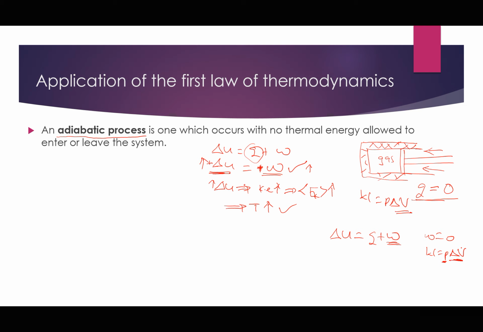Therefore, the work done is approximately zero. And if that is zero, it means the change in internal energy is only depending on the heat supplied. If you are adding heat, if the heating element is switched on, then delta Q is going to be positive. And if delta Q is positive, then delta U is also positive. A positive value of delta U implies an increase in internal energy.